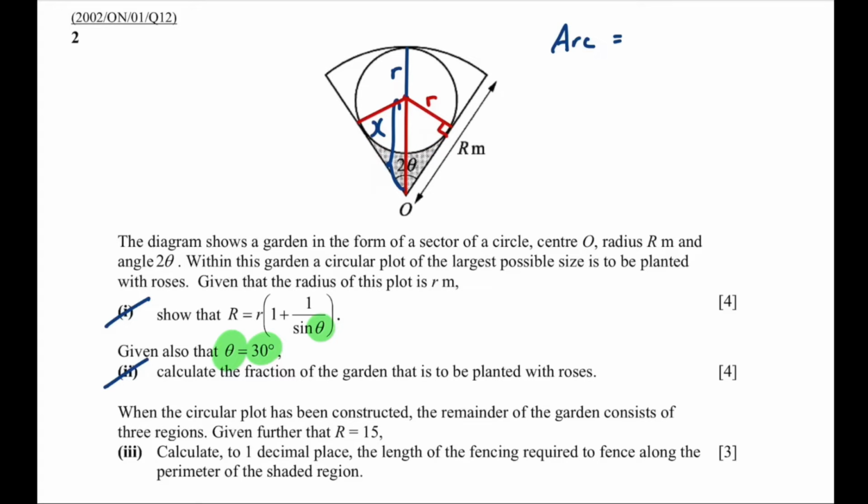I use max formula since it's in degree. So I have 2 pi r. Oh, I don't know my r. Okay, my small letter r.